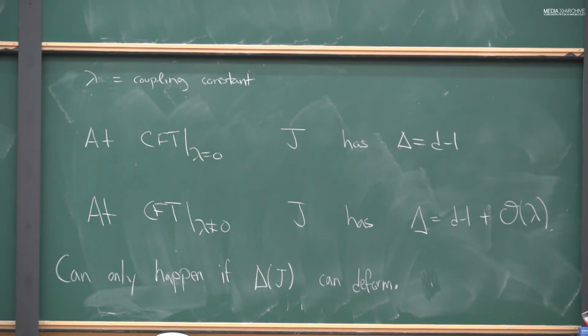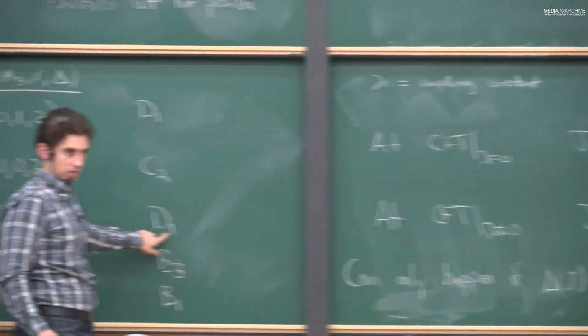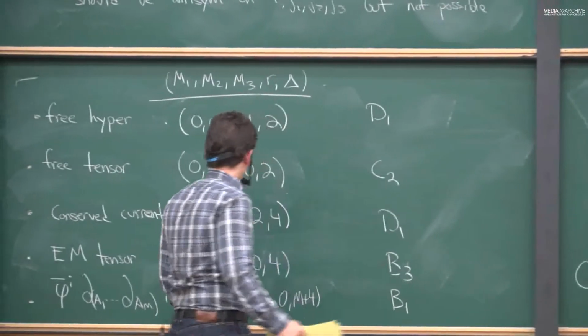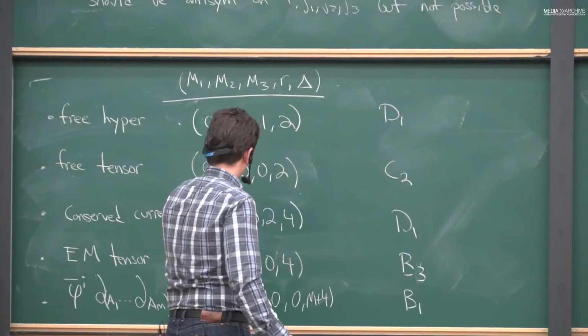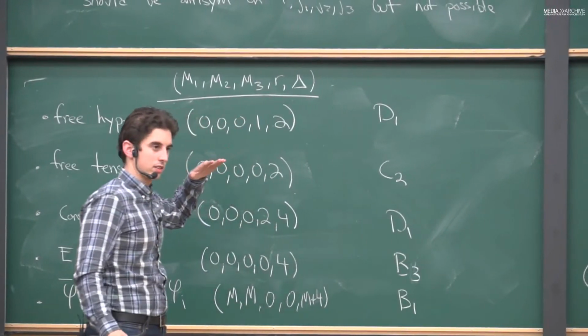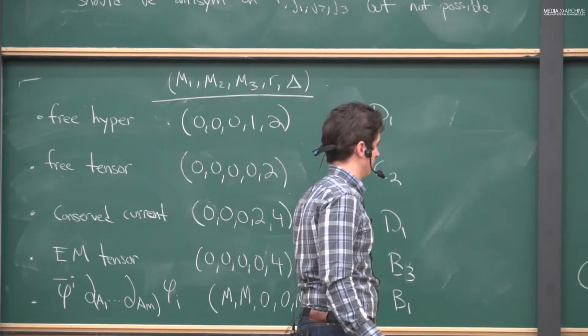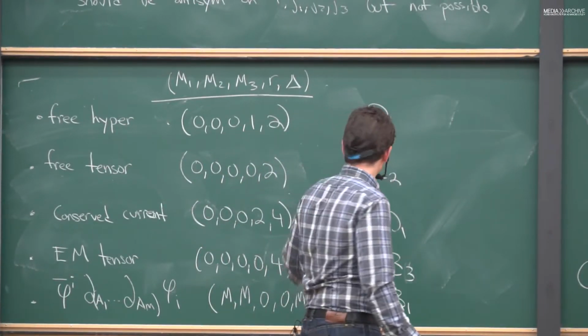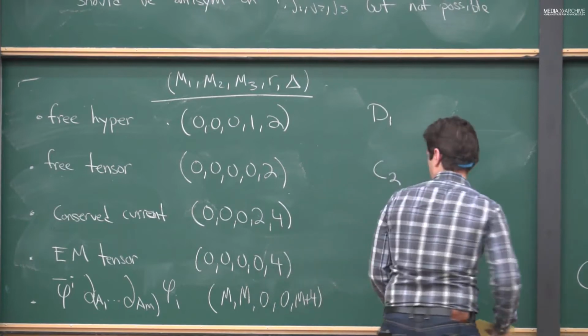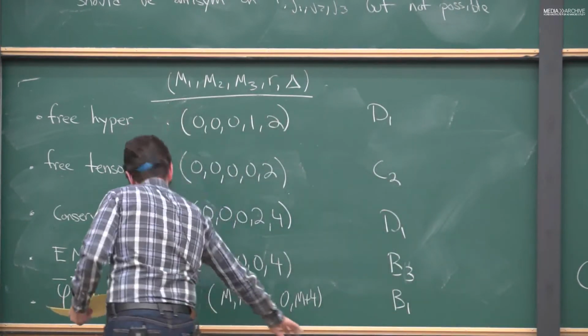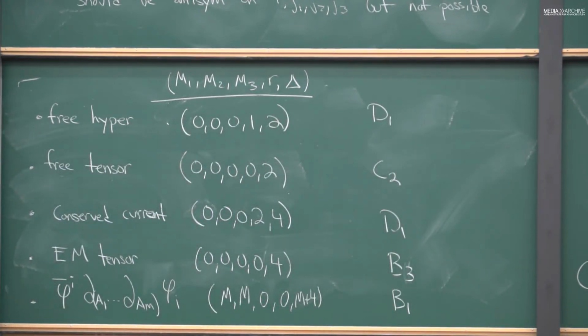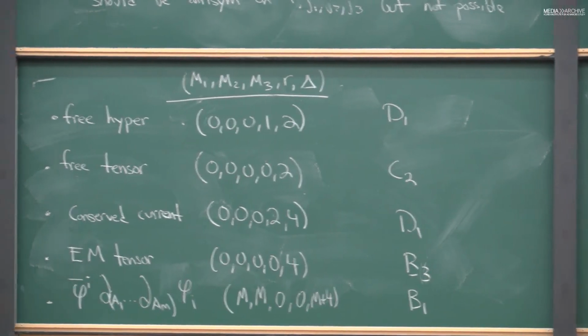Okay, so now we go over here. I just erased this table, actually. But the conserved current in 6 dimensions is in this kind of D representation, and it's separated by a gap of at least 2 from its nearest neighbor. So if you want a non-conserved current in 6 dimensions, its dimension must jump astronomically.